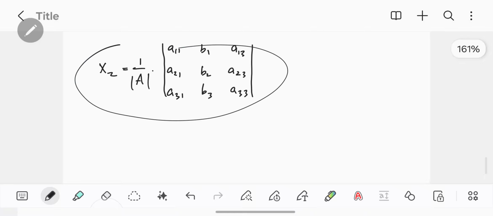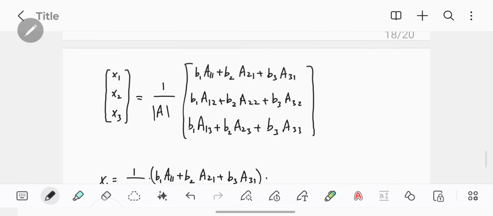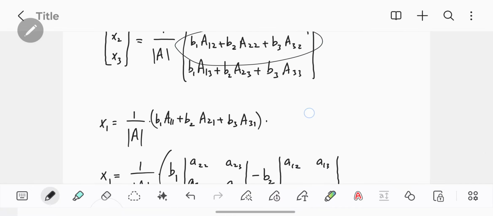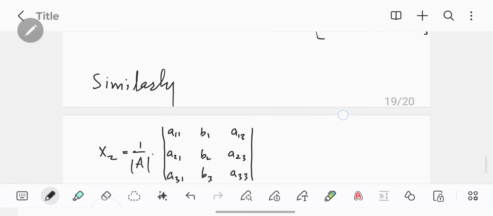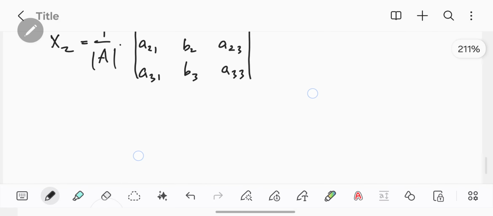I have written it directly, but you can prove it by comparing: x2 is equal to 1 by determinant of A times this whole thing. And once you write this whole thing here instead of this thing, then you will get this kind of formula, which will be exactly this whole determinant, okay?